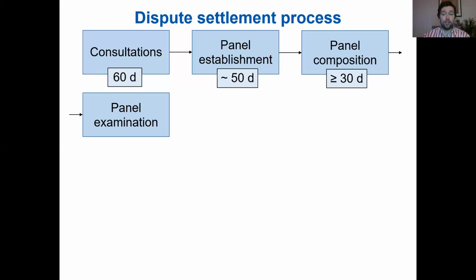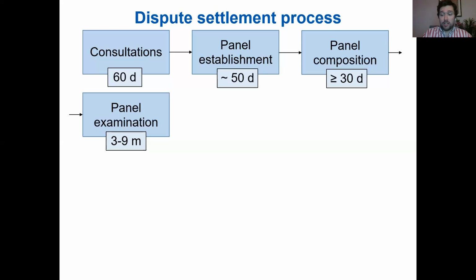And well, according to the proper ideal schedule, panel examination should not be very lengthy, but it takes on average, I guess, no less than 9 months. There is a fast track procedure available for, as it is claimed, 3 months, but actually it is not really widely used.